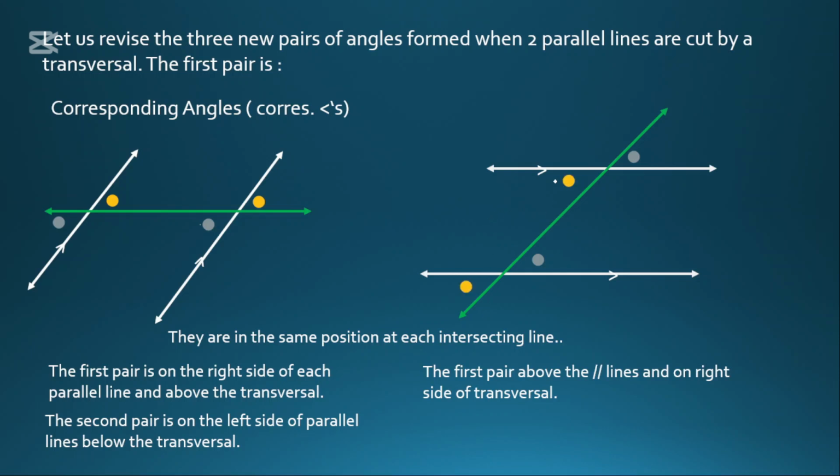You see here, below the parallel line, and on the left hand side of the transversal. Right, and that is how we look at them. They are in the same position at each intersecting line. Above, below.